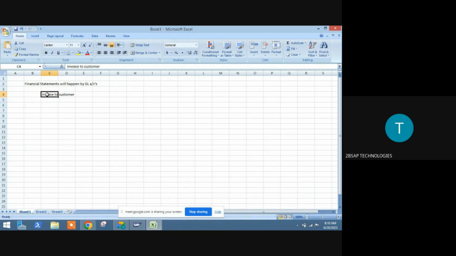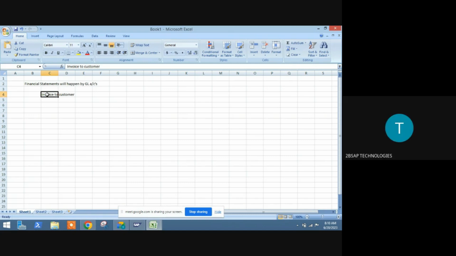All expenses and losses are debited, incomes are credited. So what is your sales? That means whenever you are doing a customer invoice, what you are doing is debit the customer, credit the sales revenue.